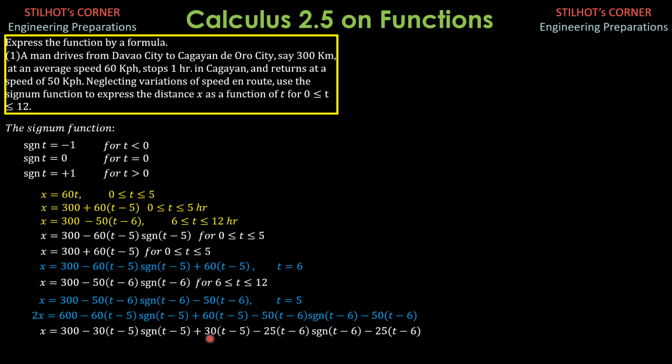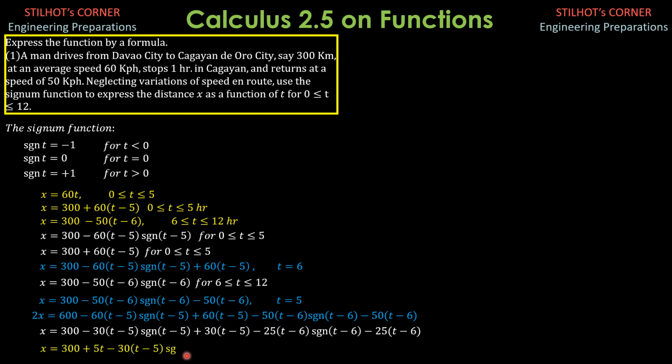Therefore, this 30(t − 5) and minus 25(t − 6) is reduced and simplified into just 5t, 30t − 25t.